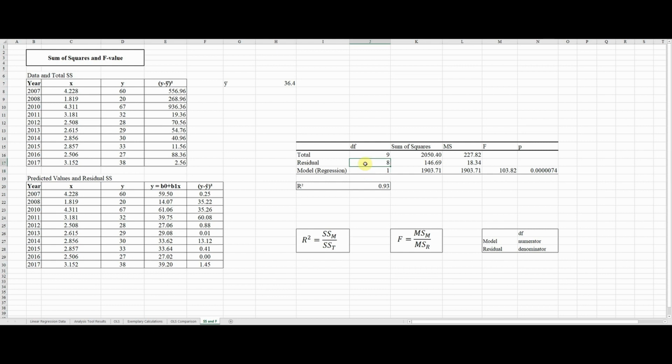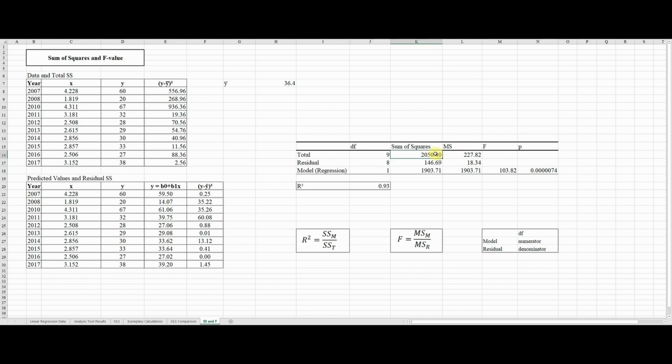And well, the residual is then your total number of observations, which is 10, minus 1. But you have to deduct another degree of freedom because of your model. So it's just total minus the degrees of freedom you have used up in your model. So we have 8 here.